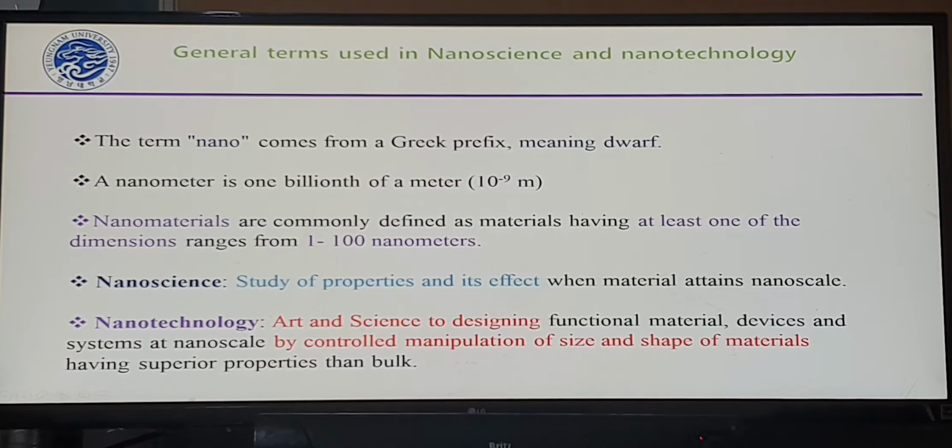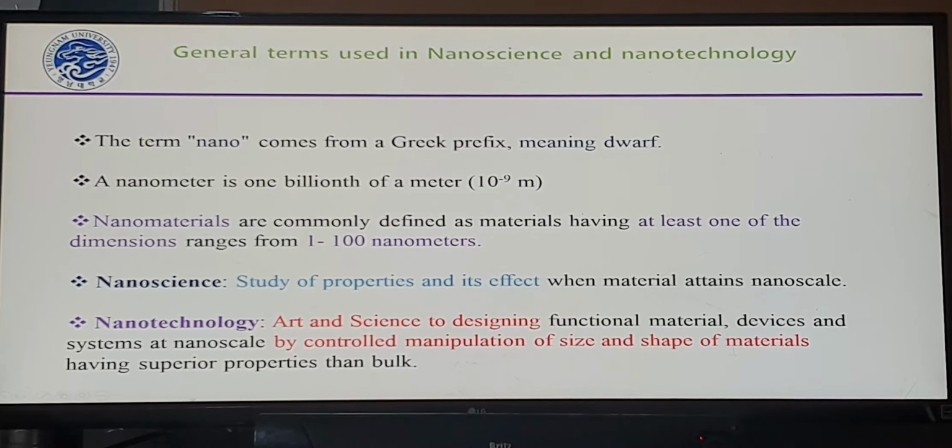If a bulk material shows opaque nature, the same material below 100 nanometers may be transparent. If a bulk material shows non-magnetic nature, the same material in nano scale may show very good magnetic behavior.